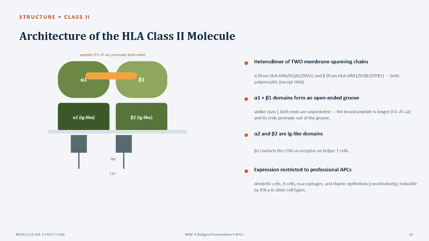The alpha 2 and beta 2 are immunoglobulin-like domains located closer to the cell membrane, and alpha 1 and beta 1 are the outermost domains. The peptide binding groove is formed cooperatively by the alpha 1 and beta 1 domains. Because both ends of the groove are open, it can accommodate longer peptide fragments, like 13 to 25 amino acids long, with ends protruding outwards.